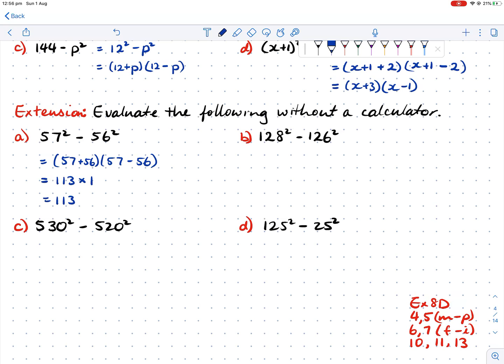When we're looking at question B, again we're going to separate into a difference of squares. So it's 128 plus 126 and 128 minus 126. The first term is going to be 254, and we're multiplying that by 128 minus 126, which is 2. So that's going to be 508.